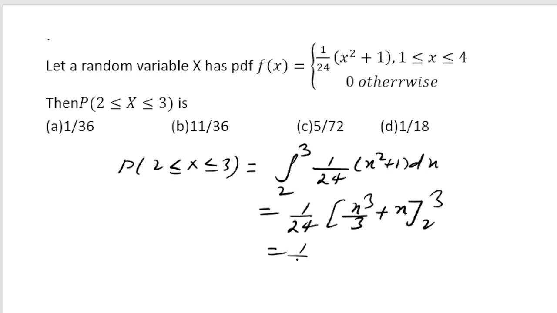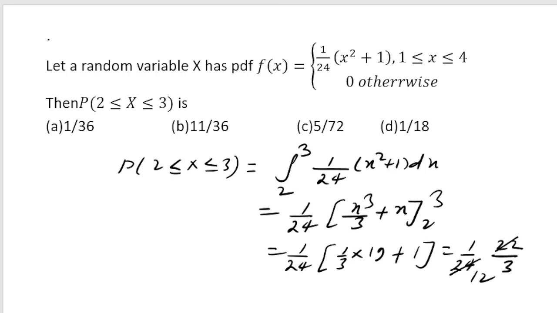So if I simplify it, 1 by 24, 1 by 3. So 3 cube, how much? 9, 27. 27 minus 8 is 19. So it will become 1 by 3 into 19, and plus 3 minus 2 is 1. So 1 by 24 and 19 plus 3, that is 22 by 3. So how much is that? It will become 12, it will become 11. So 11 by 36. So the correct option is B.